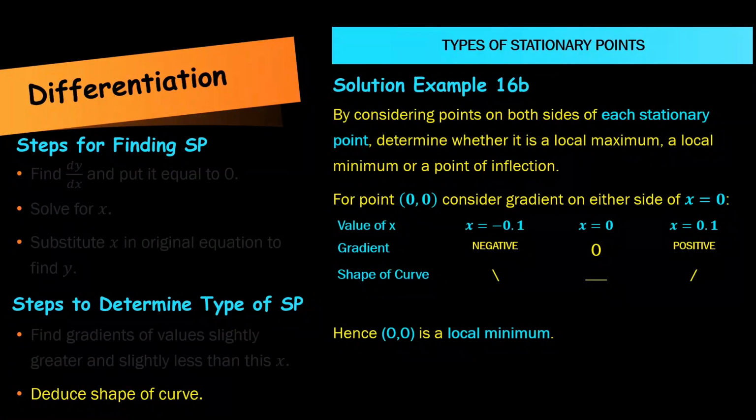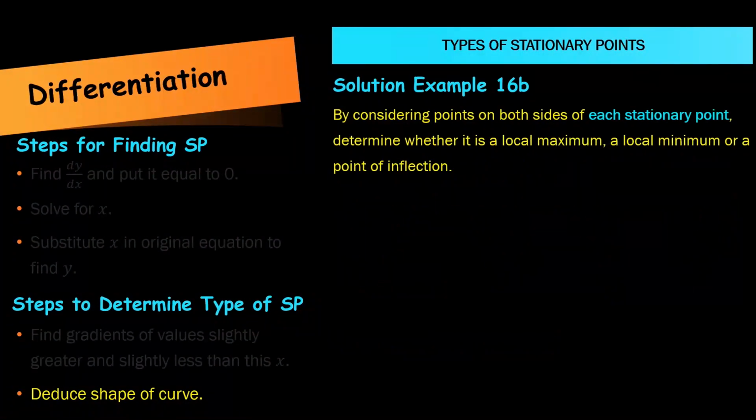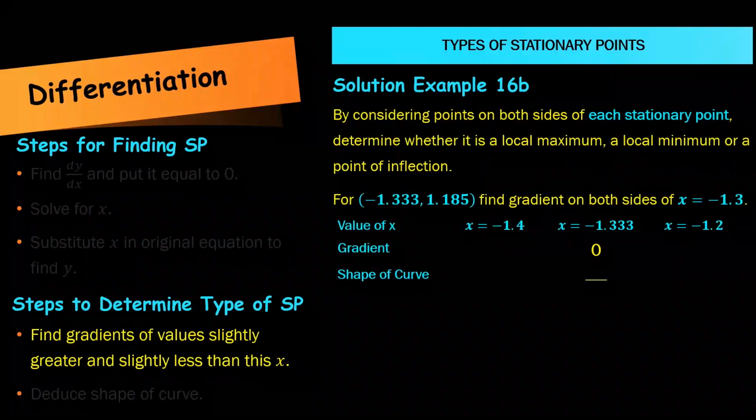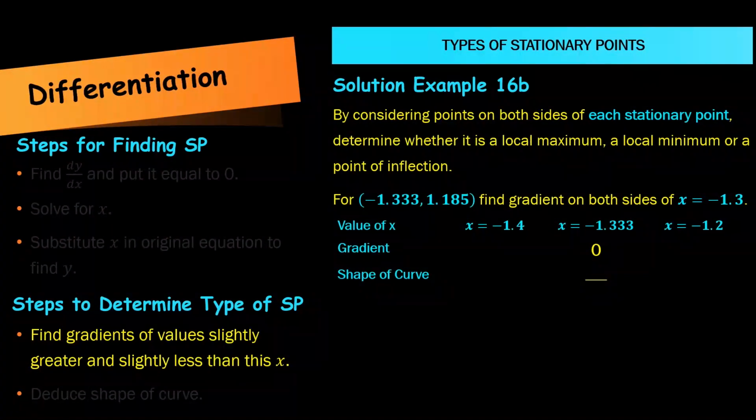Now let's look at the other stationary point. We're going to find the gradient on both sides of x equals minus 1.3. We are in particular going to look at the points x equals minus 1.4 and x equals minus 1.2. Of course, we know that the gradient at x equals minus 1.33 recurring is equal to 0.